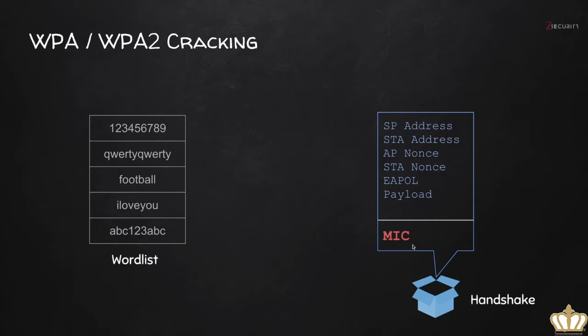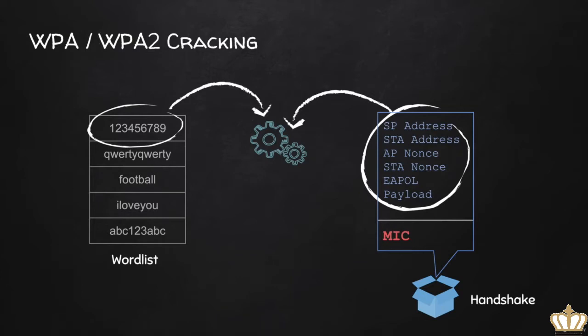So it's going to separate this and put it to the side, and then it's going to use all of the other information right here combined with the first password from the word list to generate an MIC, another message integrity code. And then it's going to compare this MIC to the one that's already in the handshake.